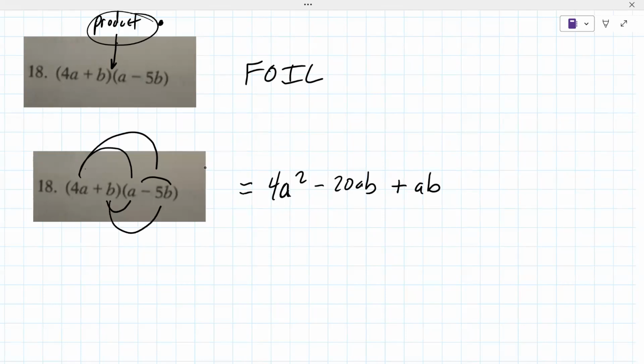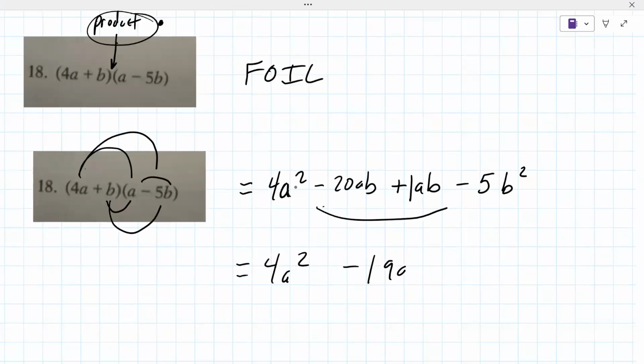And then b times minus 5b becomes negative 5b squared. Good. So then you can typically combine the outer and the inner. 4a squared minus 19ab minus 5b squared.